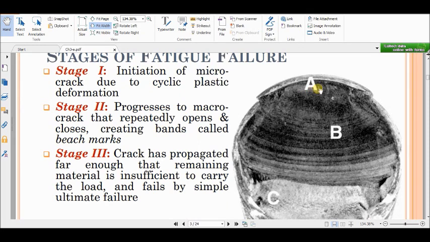When a micro crack starts at a location, for example at A, it will progress in terms of a macro crack.